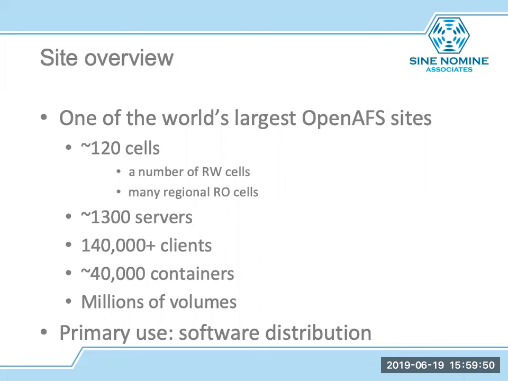Latency really is the Achilles heel of the RX protocol. And so many people who want to distribute AFS content globally are forced to do this type of splitting the cells into geographical locations and then distributing content other ways than AFS between the cells. We know of a number of large sites that do that.